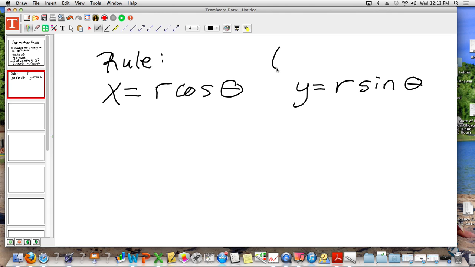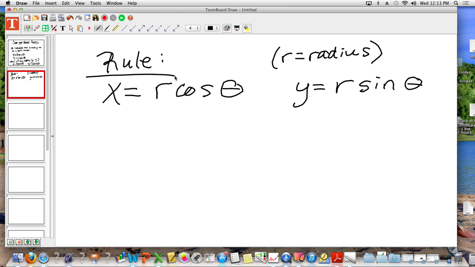I'm going to make a little note up here that r is the radius of the circle. Sometimes I will try to trick you and say the diameter of the circle is 20. Do you want the diameter? No, you want the radius, which is 10. So make sure you're watching carefully, looking for the appropriate words. All right, so this is your rule. X is r cosine of theta, y is r times the sine of theta.